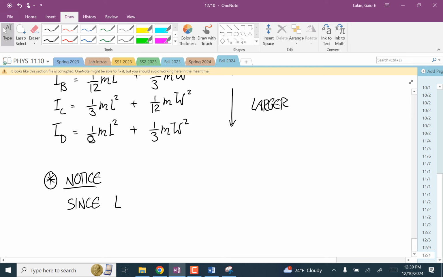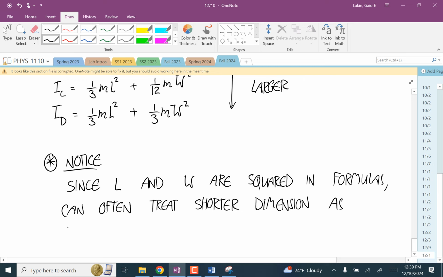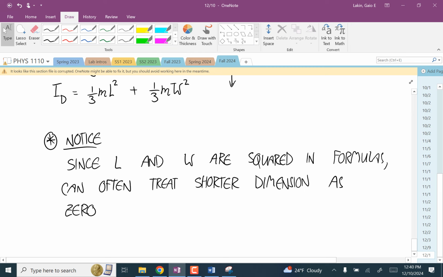Since L and W are squared in the formulas, you can often treat the shorter dimension as 0 and still get pretty good accuracy.